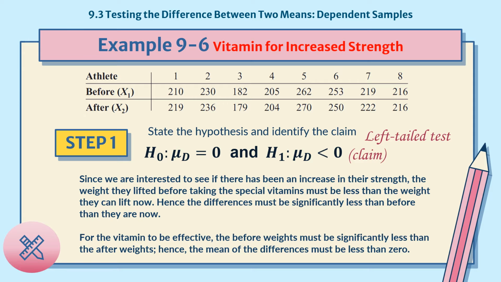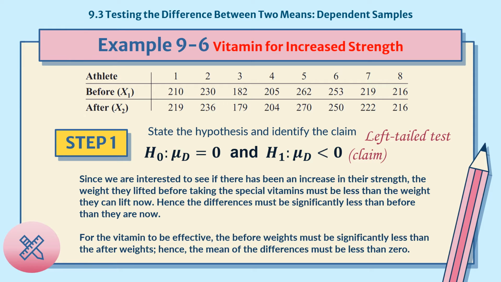Hence, the differences must be significantly less than before than they are now. For the vitamin to be effective, the before weights must be significantly less than the after weights. Hence, the mean of the difference must be less than 0. So, to see the effectiveness of the special vitamins, the weight they lift before should be lower compared to the weight they can lift at present or after taking the vitamin.